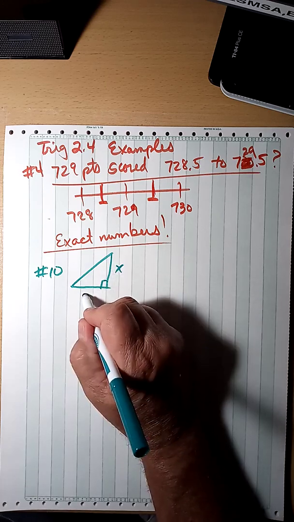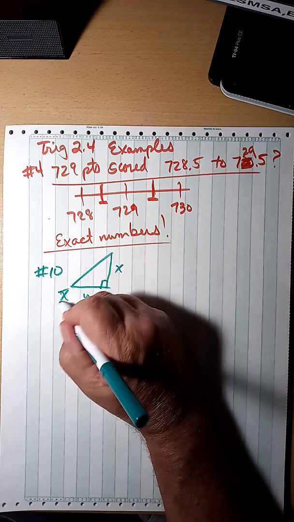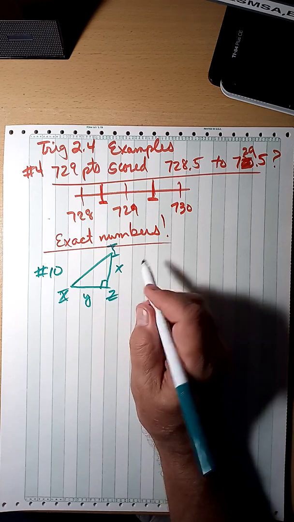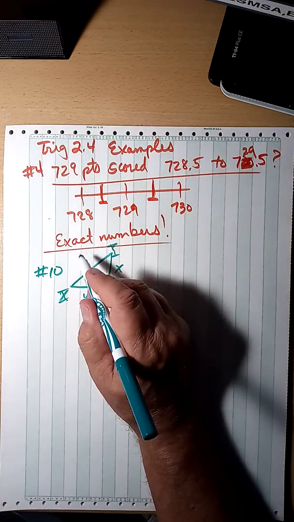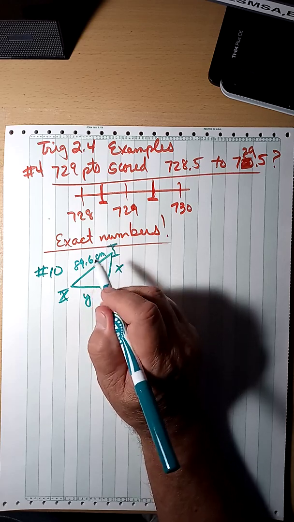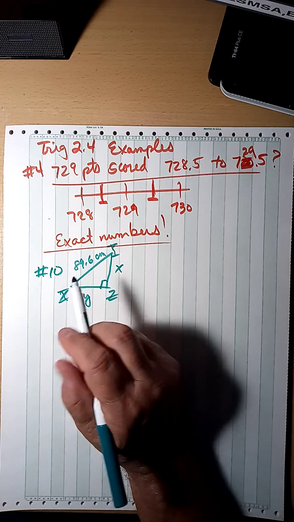This is X, this is Y. These are the, I guess, capital X, capital Y, and capital Z they're giving for this. 89.6 centimeters. It says give angles in degrees and minutes.